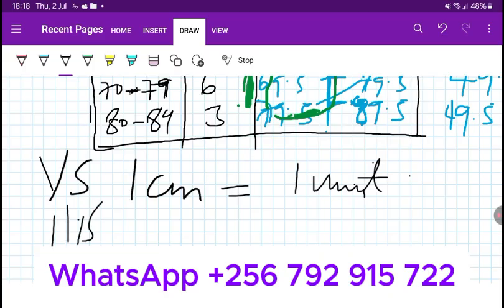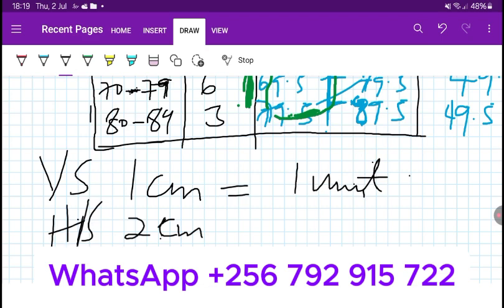Then the horizontal scale is also very important because we need to interpret our scale. We can say 2 centimeters because we are moving up from 39.5 to 89.5.